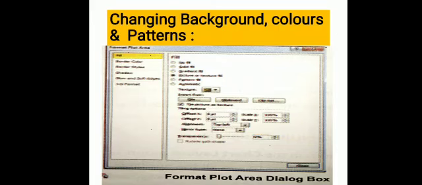Now select the border style, border color and shadow effect of your choice. Now click on the fill tab, then click on the picture or texture fill from the right pane. Now select the texture button, choose the required texture that you want and then click on the close button.